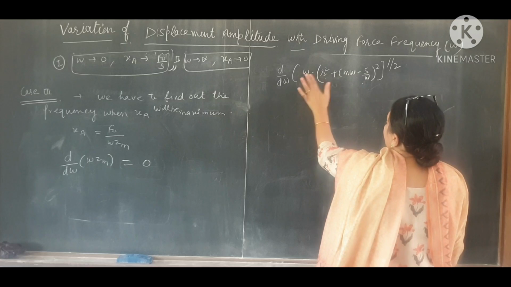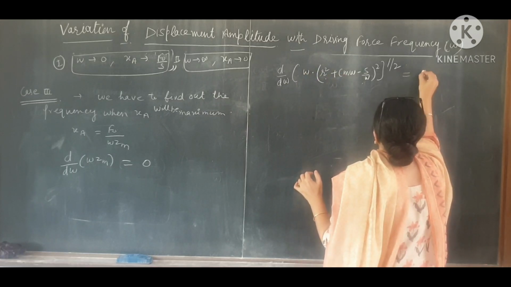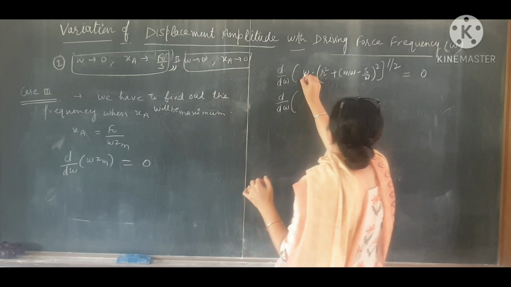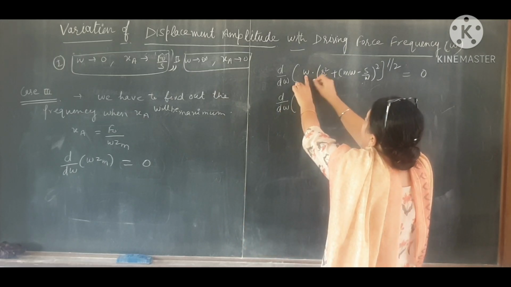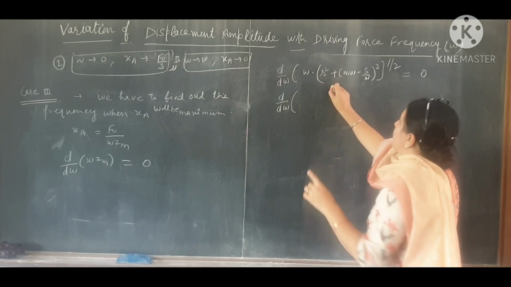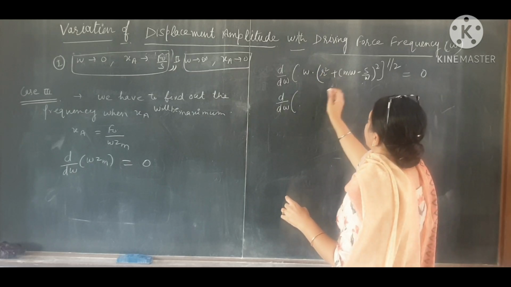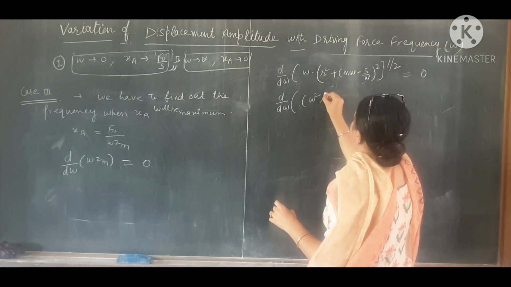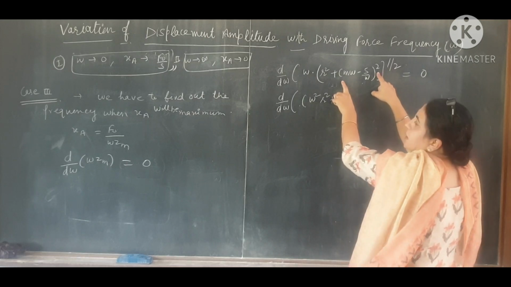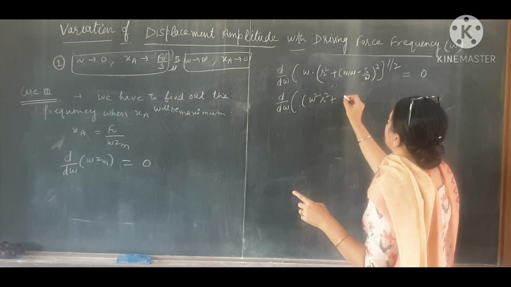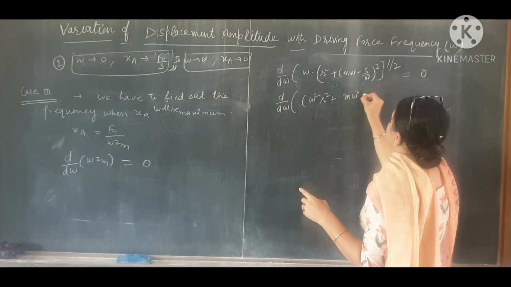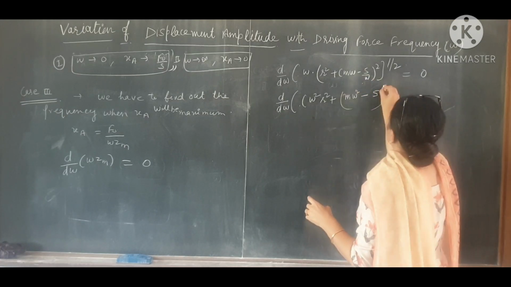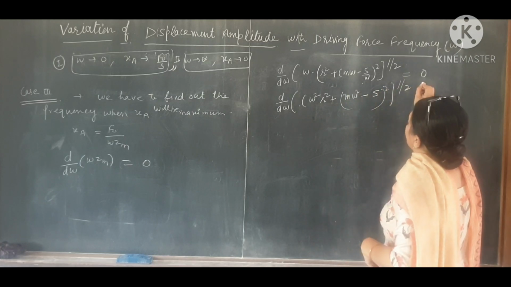So take omega inside the bracket, equal to 0. When we take it inside the bracket, it will be omega square. Because here is 1 by 2, omega square r square, but here only one omega will go inside, (m omega square minus s) whole square, raised to power 1 by 2.